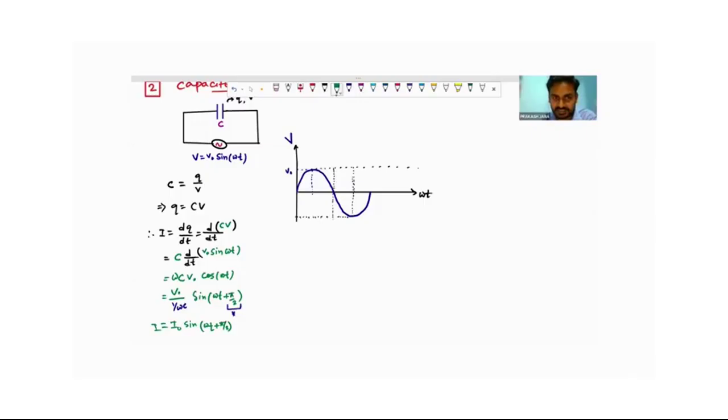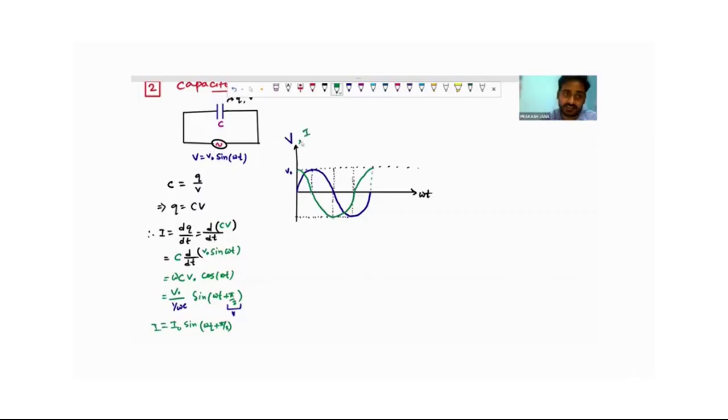So we'll start here, it will go to 0 here, and it will go to maximum here, and again 0 here, and here it will go to maximum. So this is the cos function, and it is current.